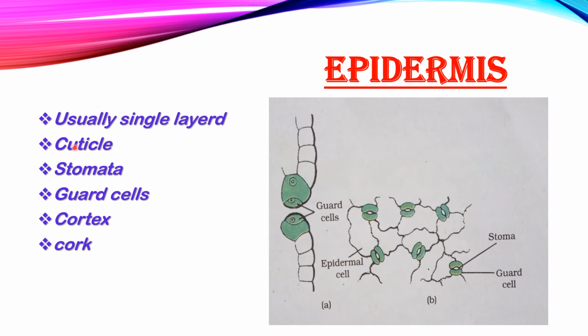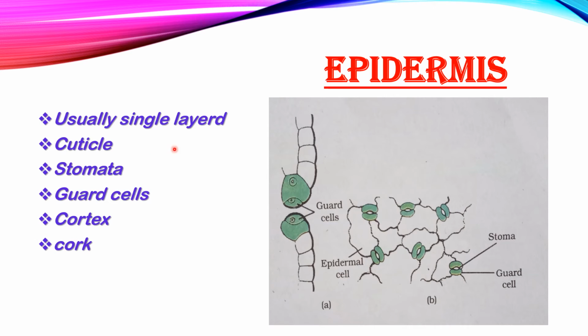Now cuticle, what is cuticle? In the aerial parts, that is, the parts above the ground, the epidermis secretes a water resistant and waxy substance and forms a layer on the epidermis that is known as cuticle.